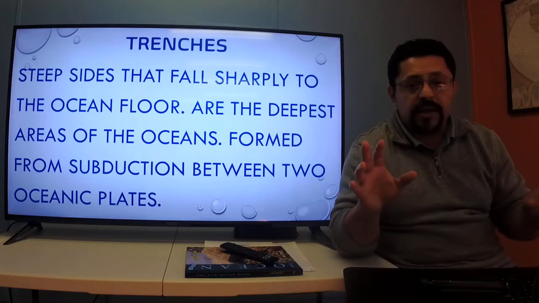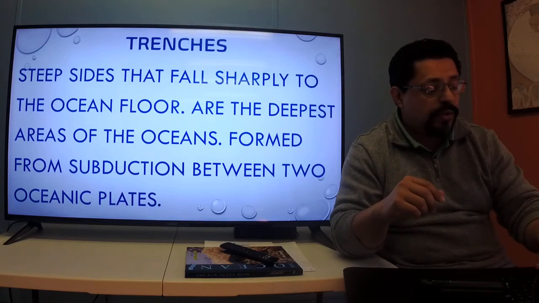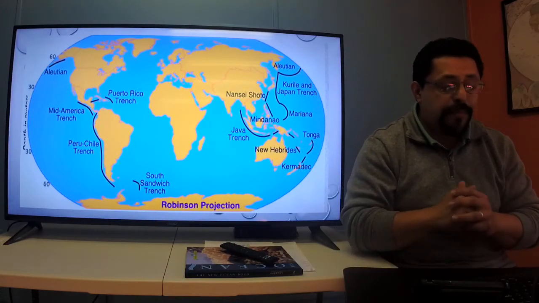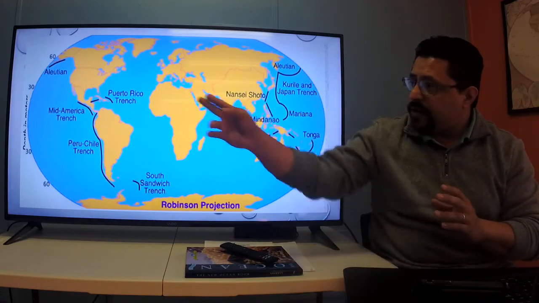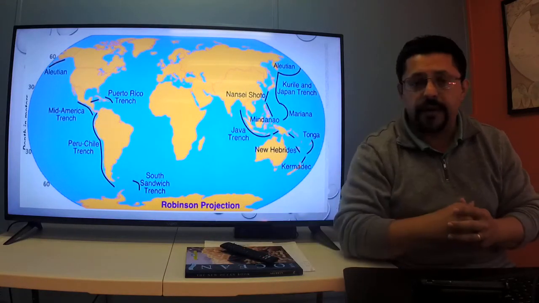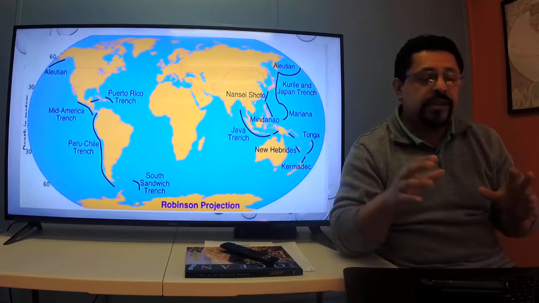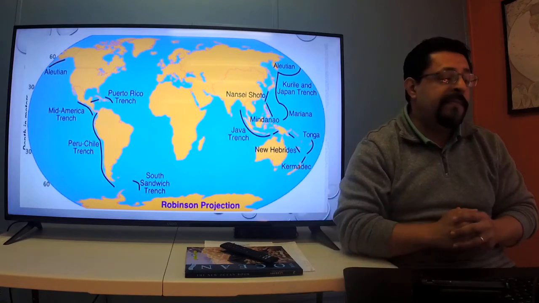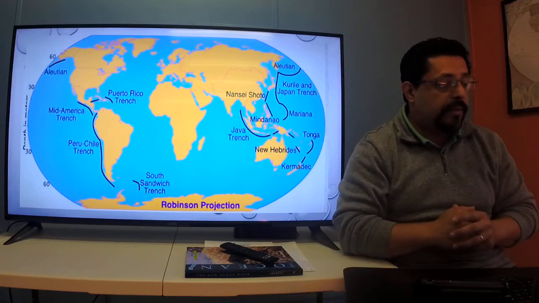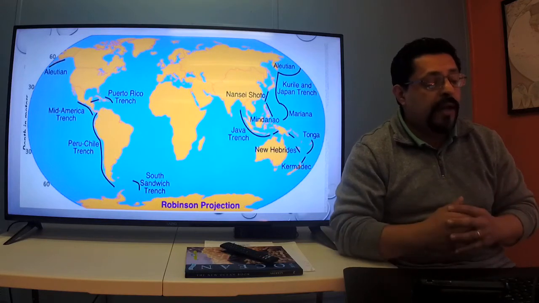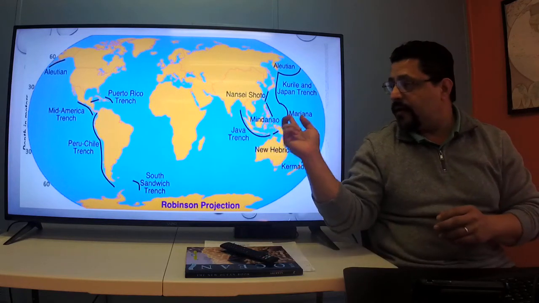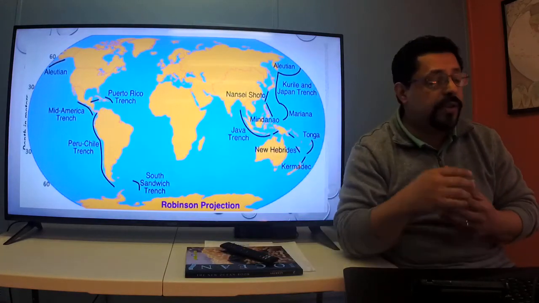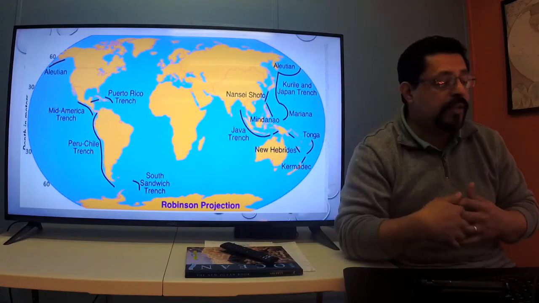All right, let's look at a map that will show you where these trenches are. All the black lines that you see throughout the globe here are the deepest trenches around the world. Some of them are very, very well known: the Marianas Trench right here, the Mindanao Trench as well, the Peru-Chile Trench, which is one of the closest ones to us.